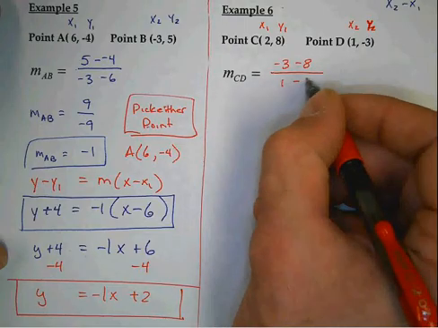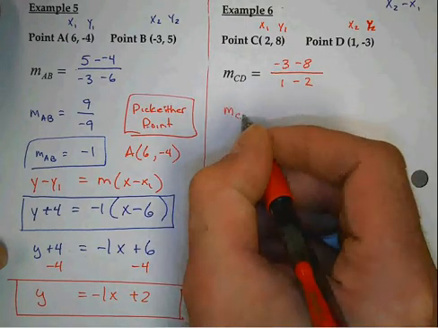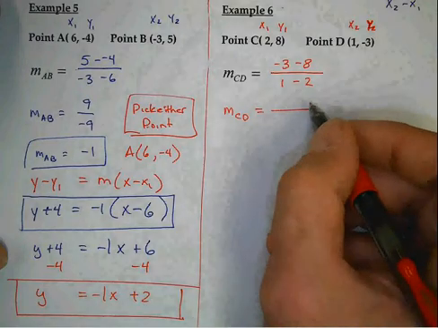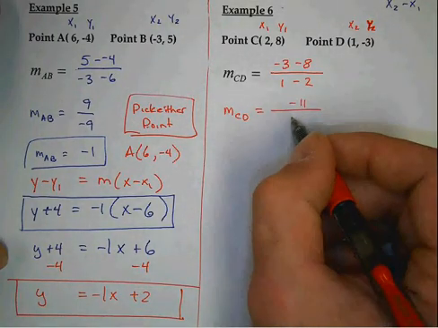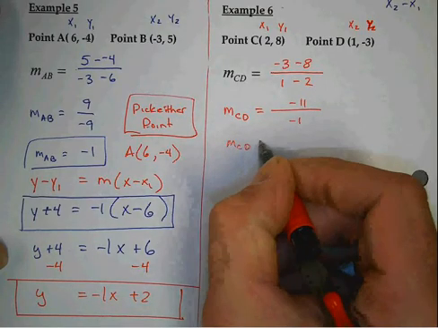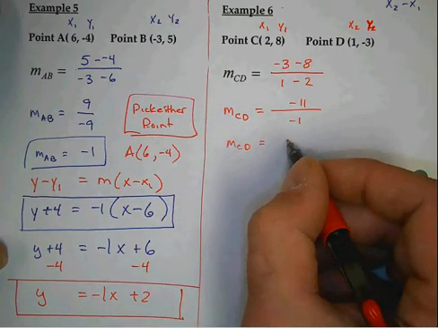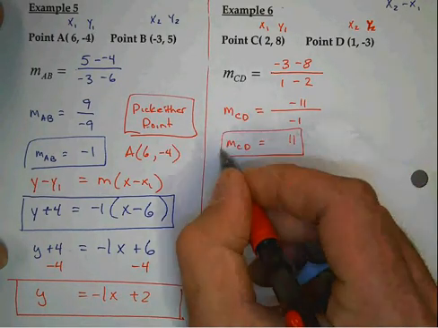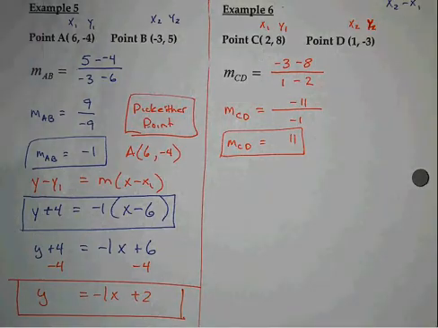Okay. So the slope of CD is just 11. So there's our first part. The slope of CD is 11.